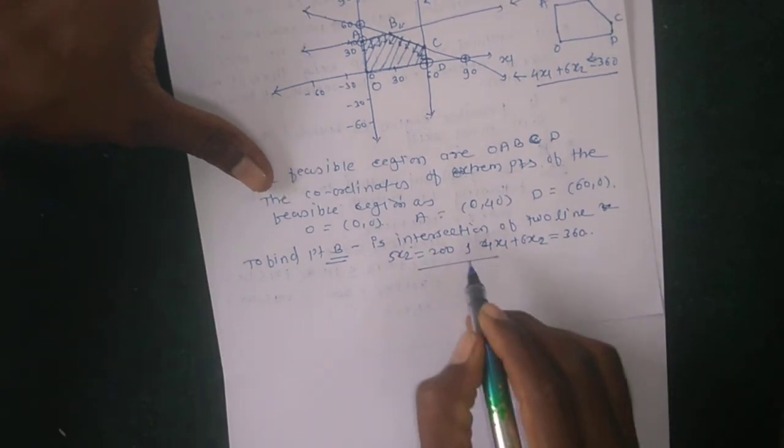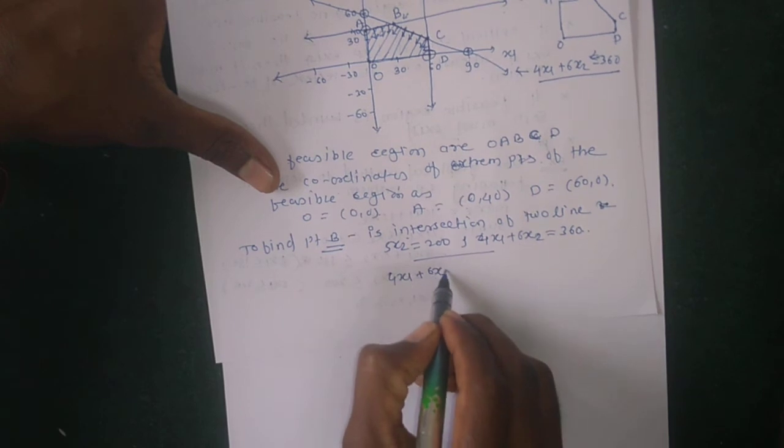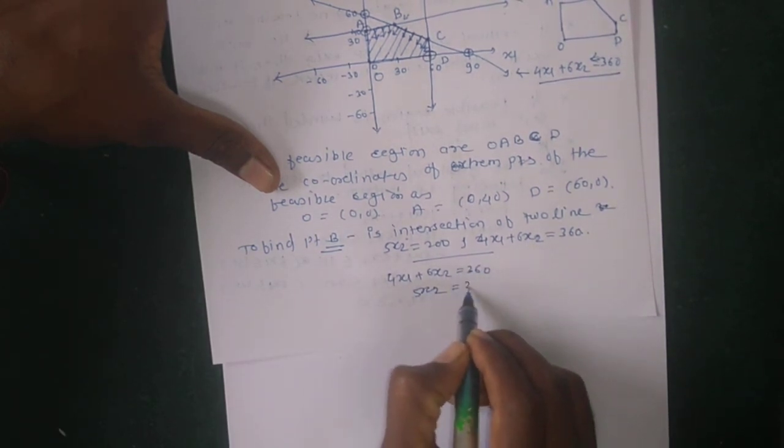Solving these two equations, we get x1 and x2.